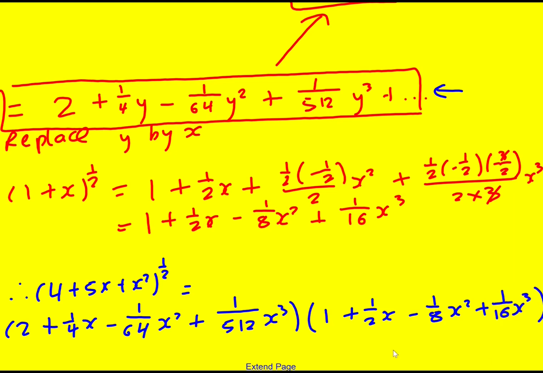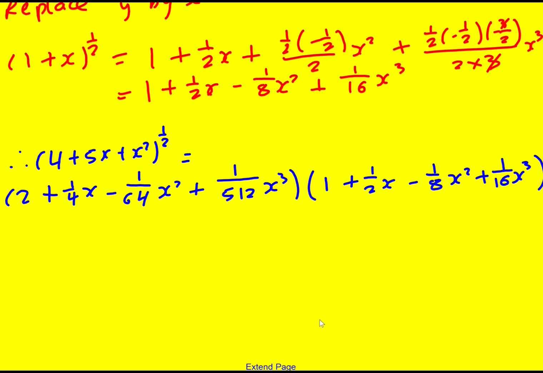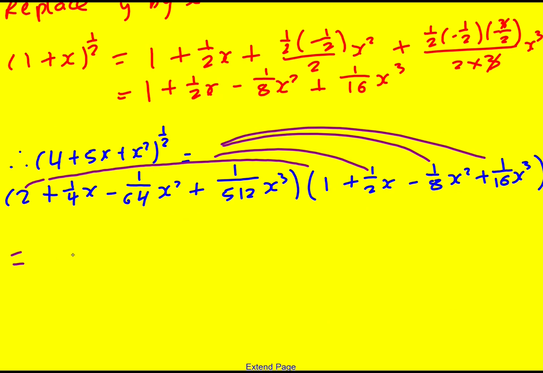Oh, okay, but remember, we only need to go up to x cubed, so I don't need to do all the terms. So let's multiply through by the 2. I'm not going to draw, actually, I will draw them all in, but I'm not going to do it with all of them. So 2 plus x minus a quarter x squared plus 1 over 8 x cubed.